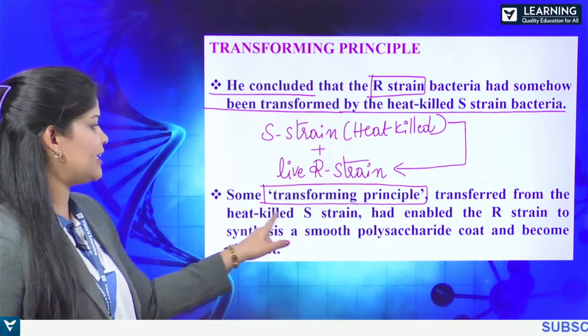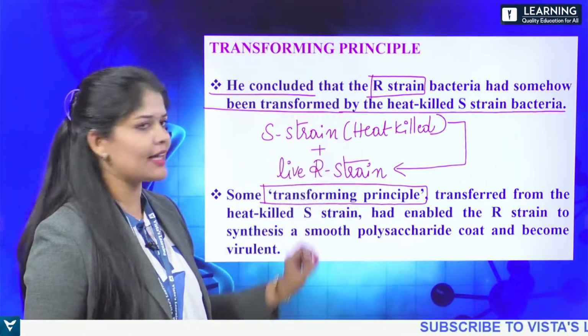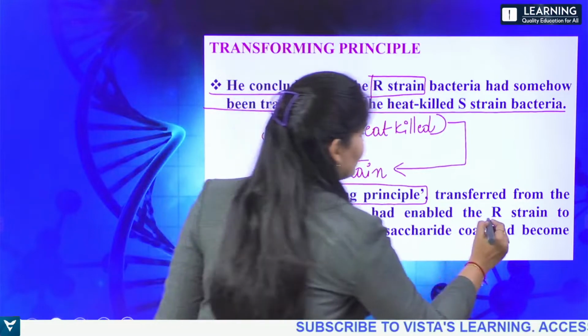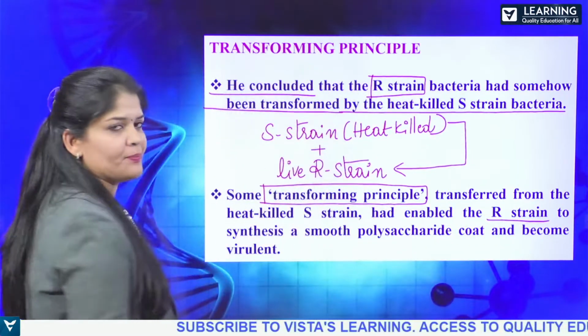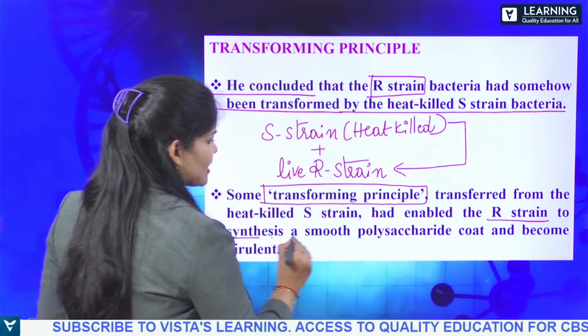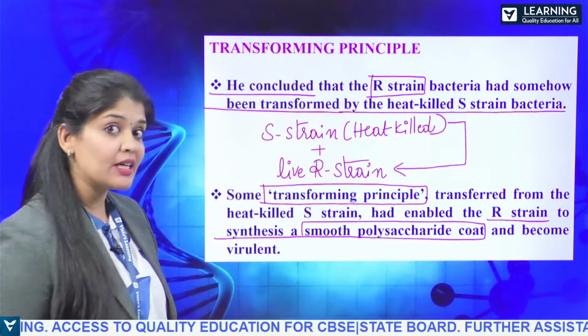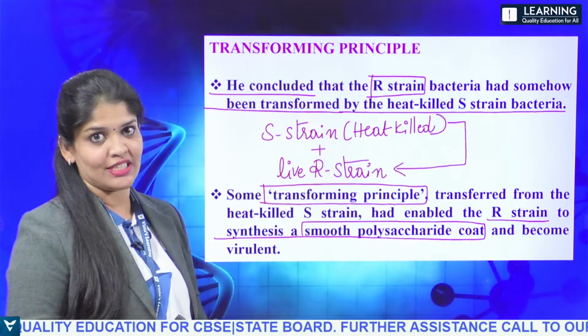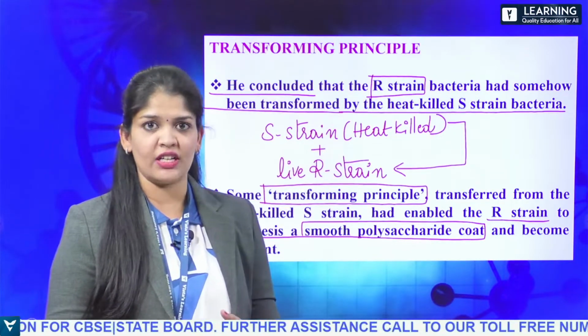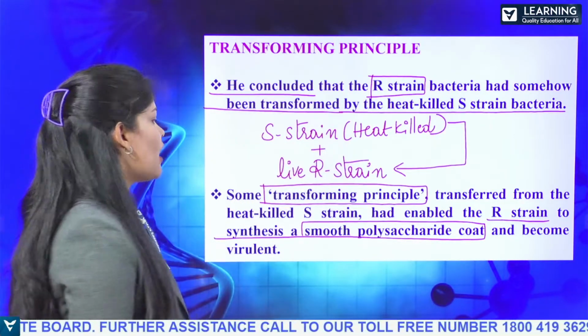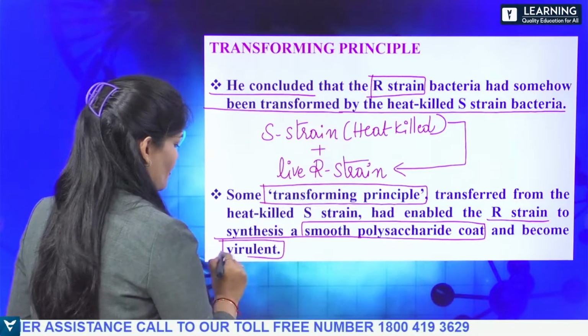transferred from the heat-killed S strain has enabled the live R strain to synthesize a smooth polysaccharide coat, which is not usually present in the R strains. That is why we have given the name rough strain, R strain, right? And it becomes virulent.